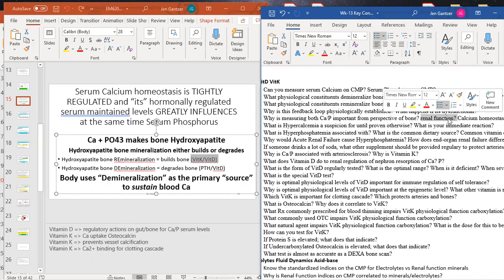Renal function is important because we need to make sure that our body is appropriately resorbing and or excreting the calcium and phosphorus under the regulatory signals.